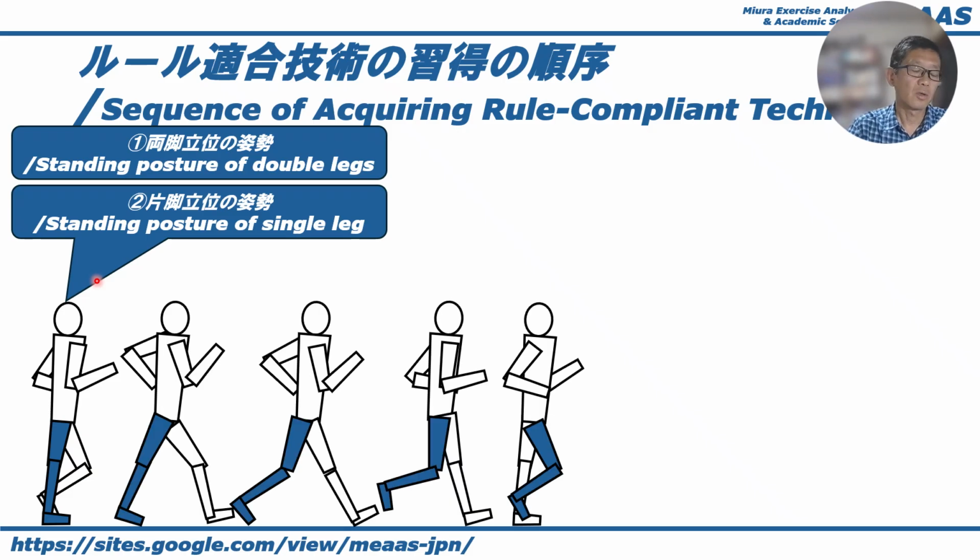So that's a sequence of swing of the blue leg and contact and drive for the white leg, the left leg.